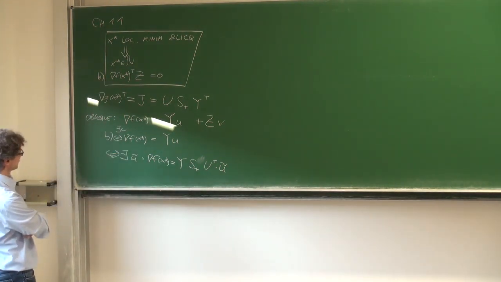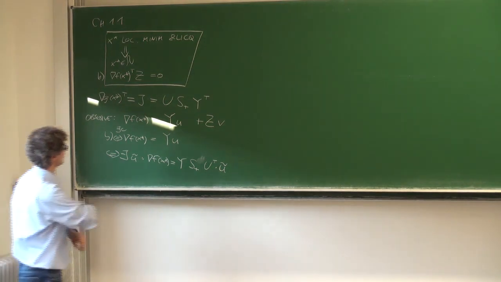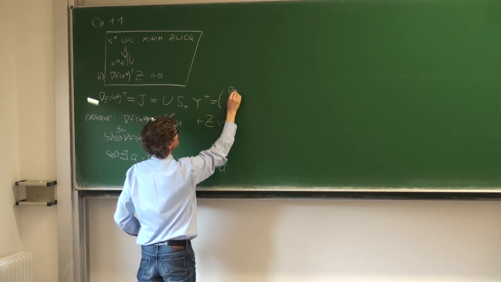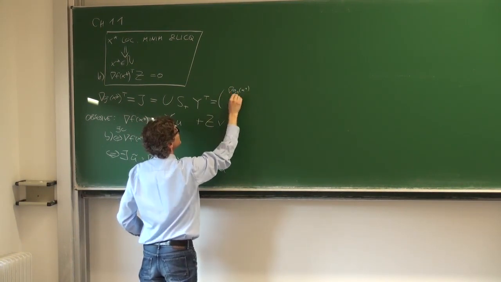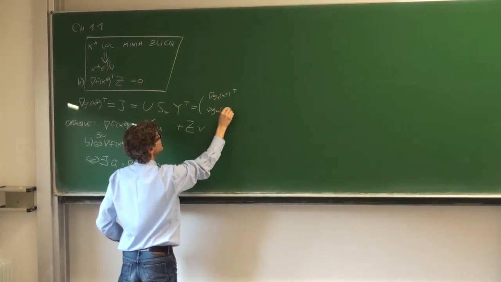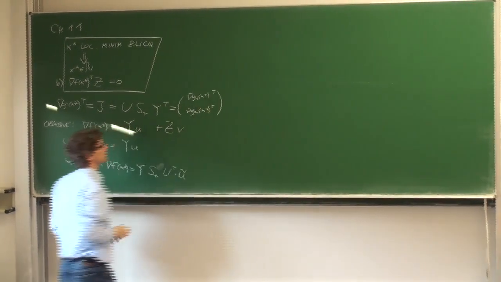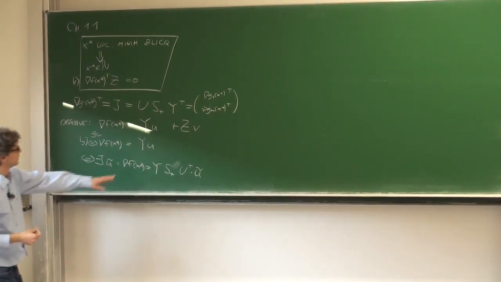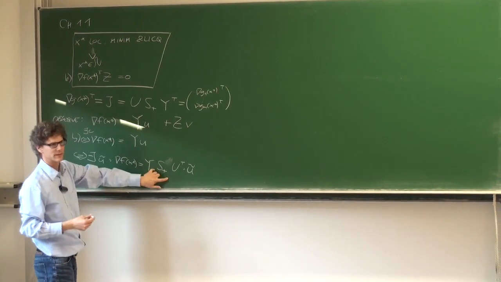And now I look again, and what is this thing? This was actually the concatenation of nabla g1 at x star transpose up to nabla gm at x star transpose. And what I have here is actually the transpose of that matrix, right?